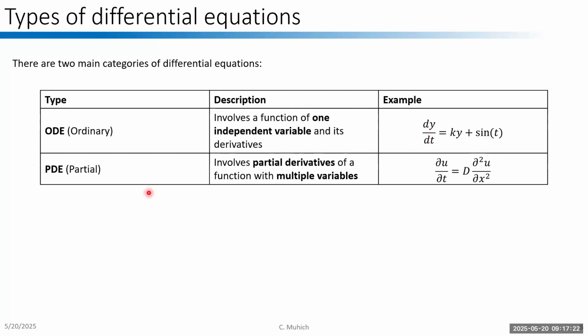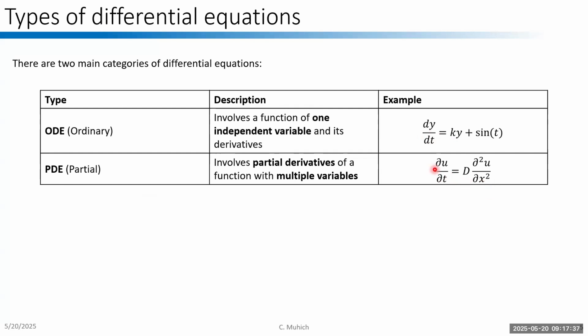I can also have what's called a partial differential equation, or PDE, and this involves partial derivatives in functions of multiple variables. For example, u could change with respect to time and space.